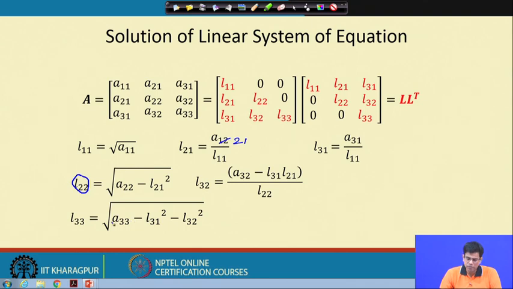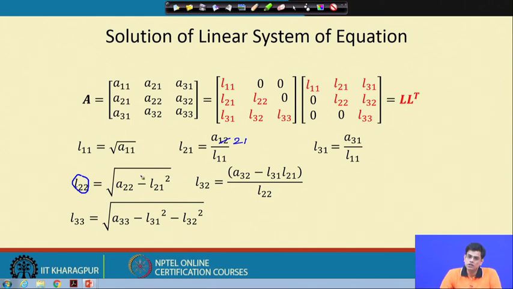So, the important information here is that once we perform the Cholesky decomposition, we have to take the square root of the entries. Certainly, if these quantities, like A11, are not greater than 0, you cannot take the square root, because it will be negative and the square root will be imaginary, which is not our requirement.